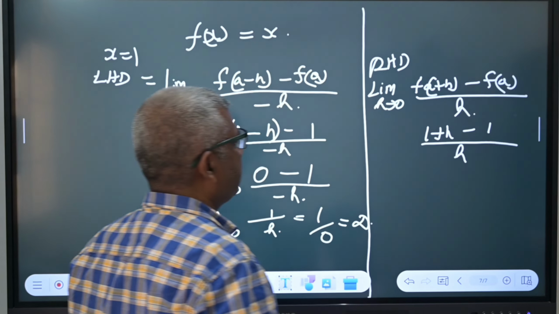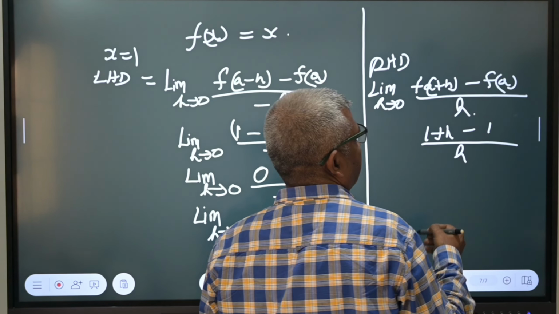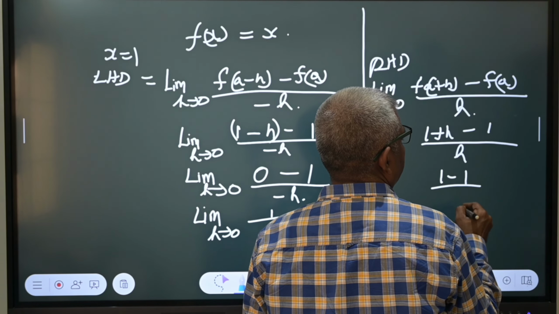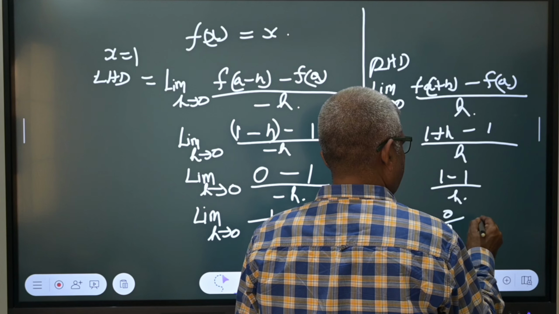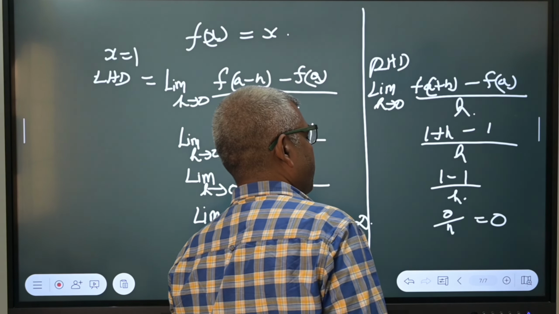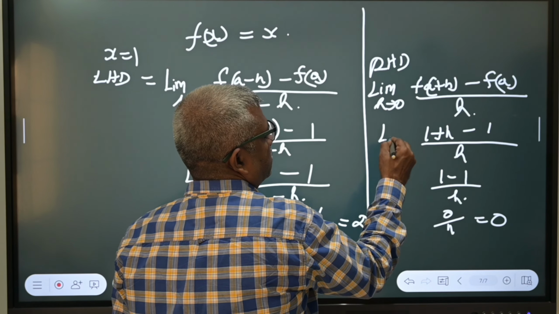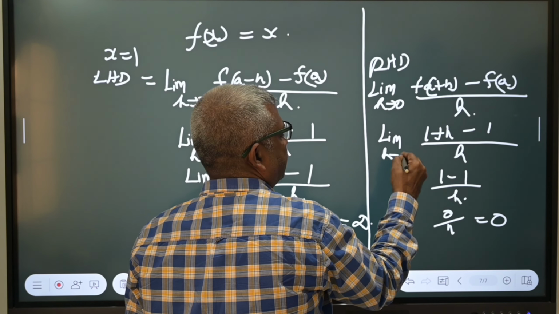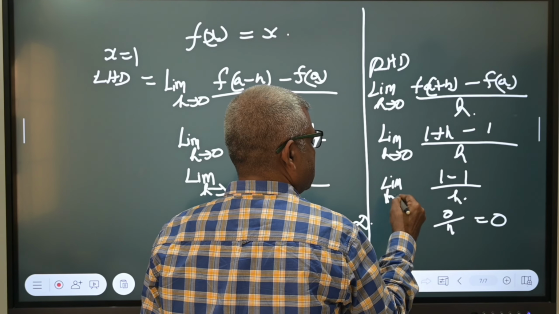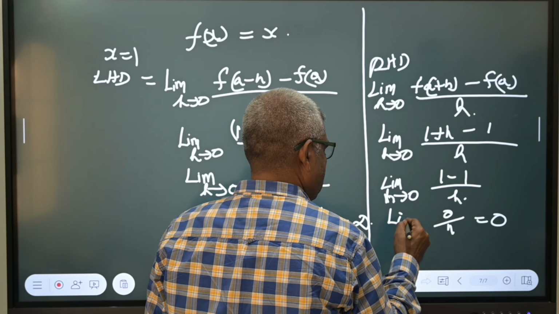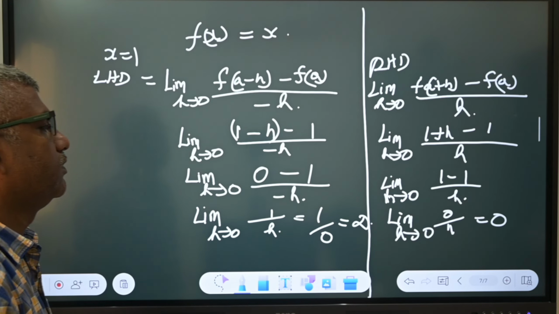So what will happen? 1 plus h is 1.1, for example, if h is 0.1. So 1 minus 1, that is 0 by h, is 0. h tends to 0.